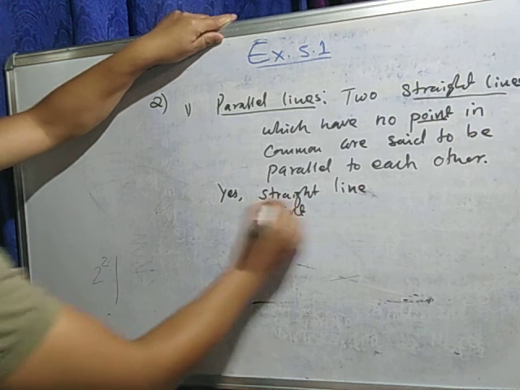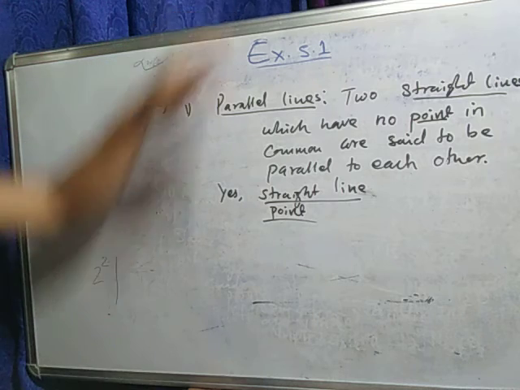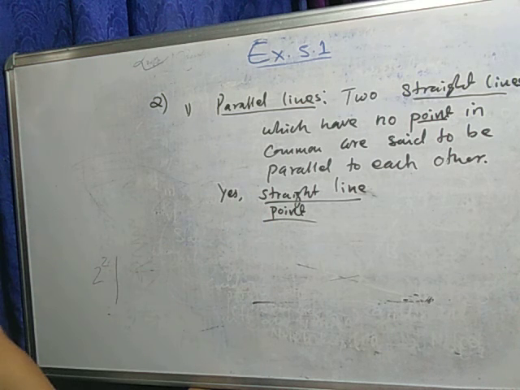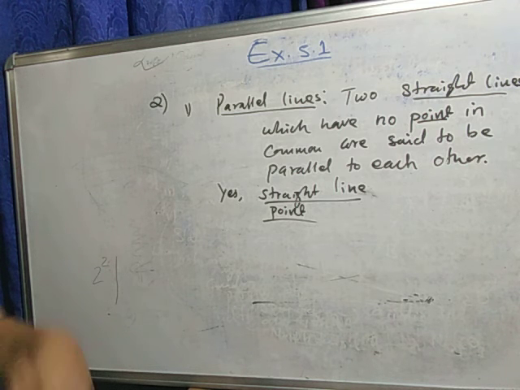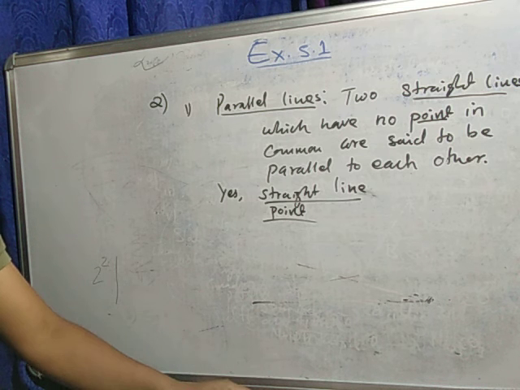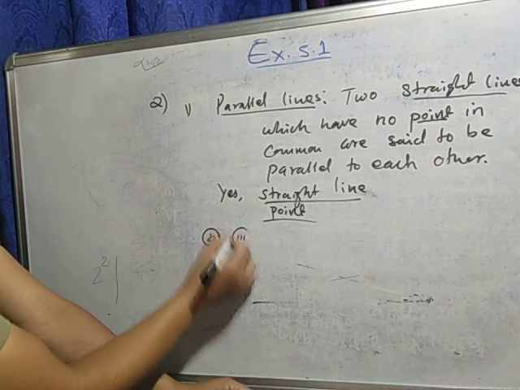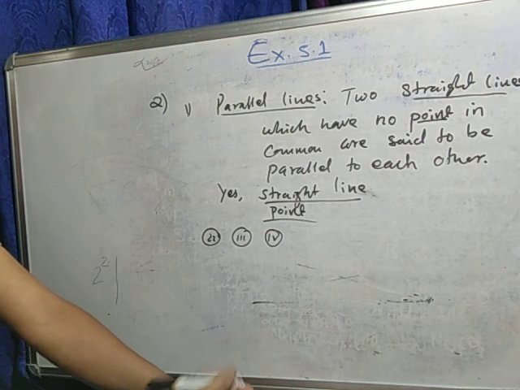You can define this from Euclid's definition. Point is that which has no part. The straight line, you know. Next are your perpendicular lines, line segment, radius of a circle and square. You have to do these yourself, 2, 3, 4. Then I'll check.